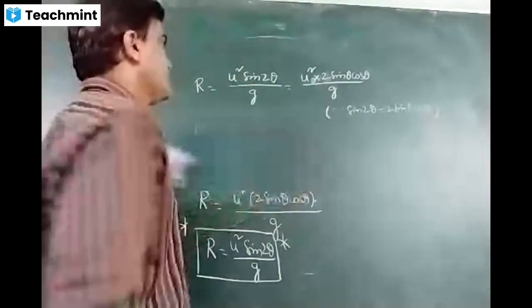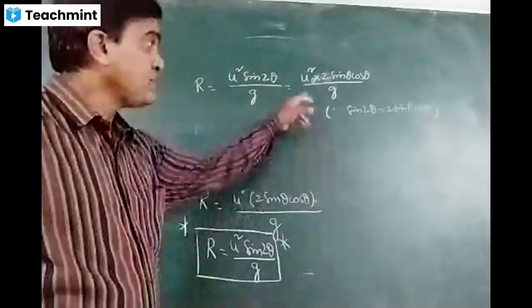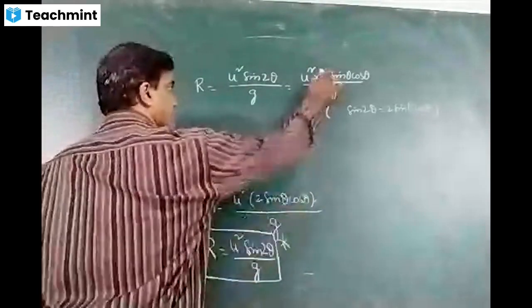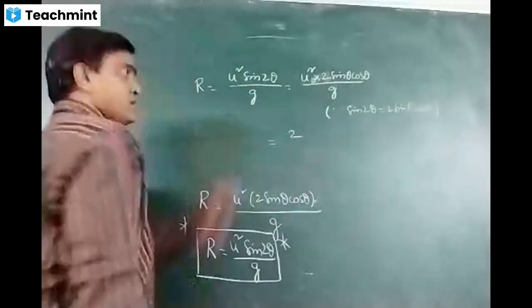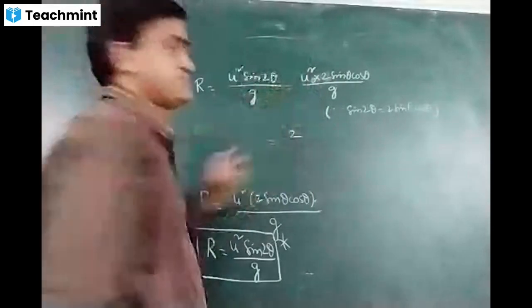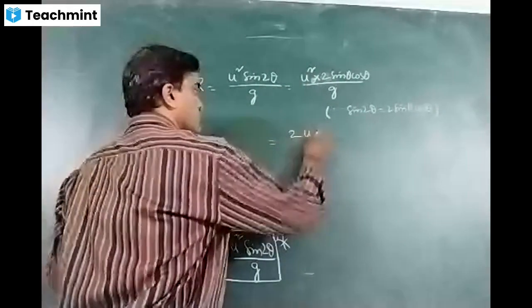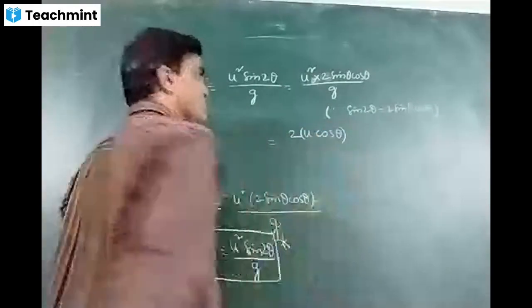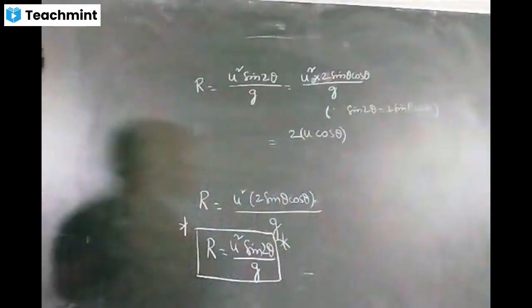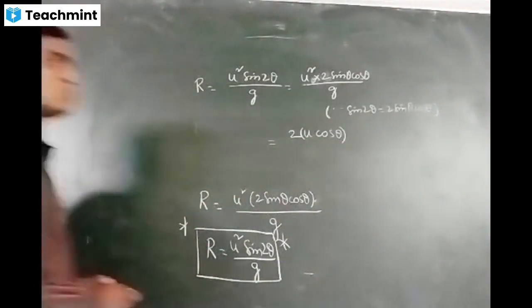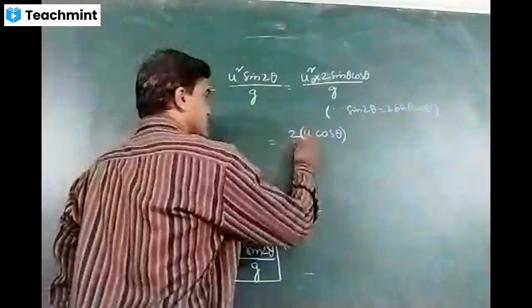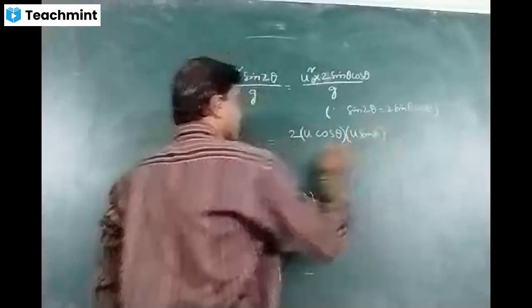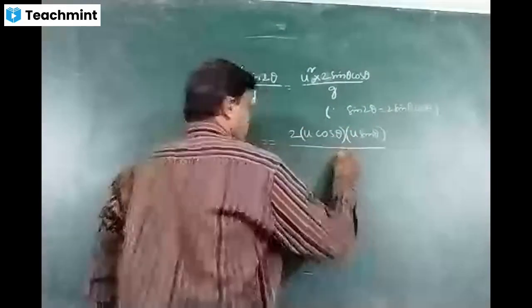Now let me write this as 2 in u², I will take one u and cos θ, into what is left out? 2 into u cos θ into u sin θ by g.